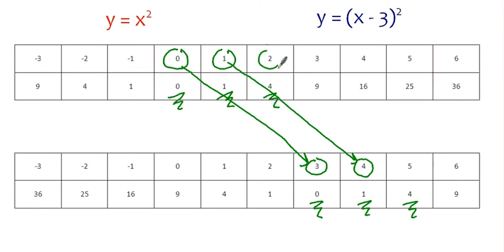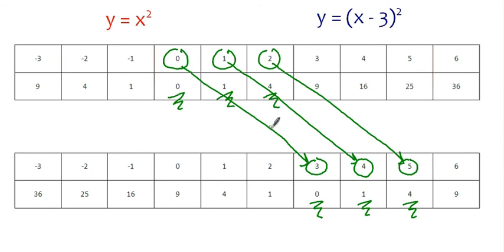In the top table we have 2, and in the bottom table we have 5. Notice that in each case, the x values that produce similar y values get 3 higher. 3 higher than 1 is 4. 3 higher than 2 is 5. And if you think about it, that makes sense because we had to subtract 3 from x before squaring the number.